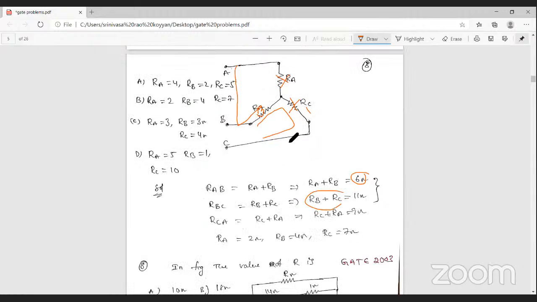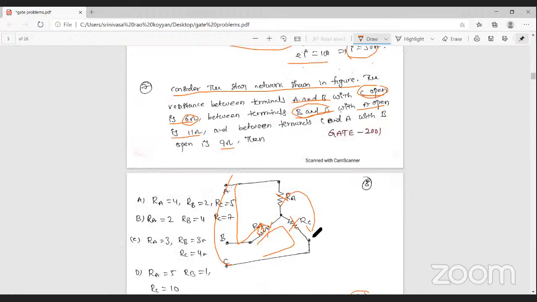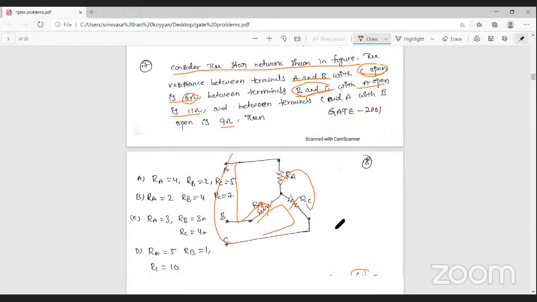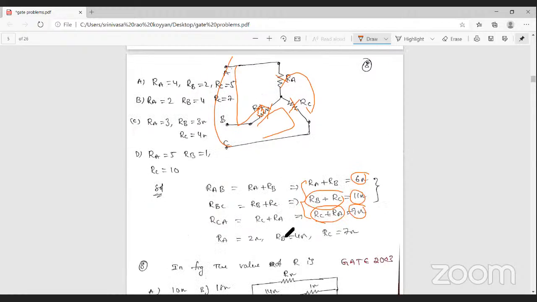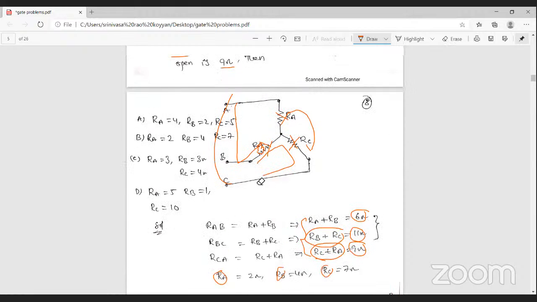Then the resultant resistance of these two, RC plus RA, is equal to 9 ohm. From the three equations, you can solve and get the resistances RA, RB, RC. Okay, I understand this problem.